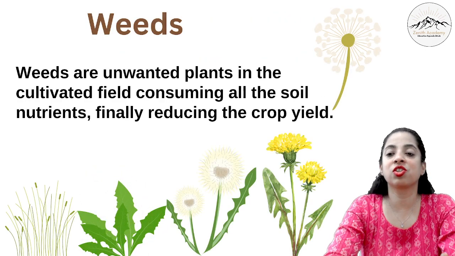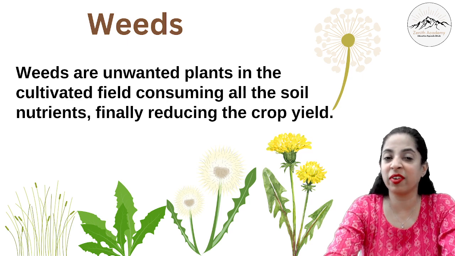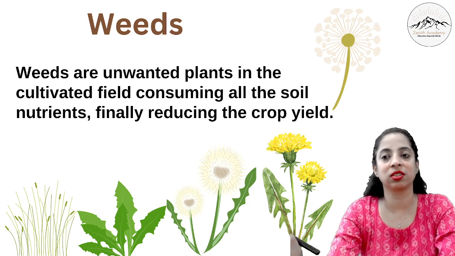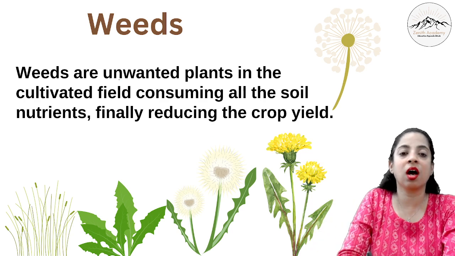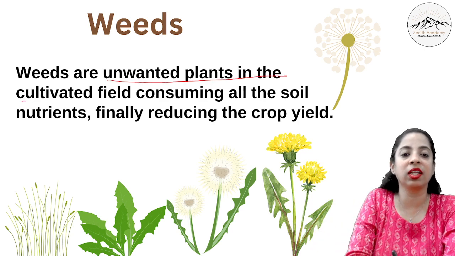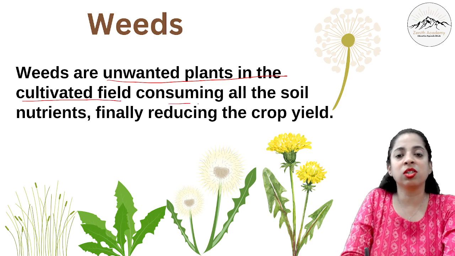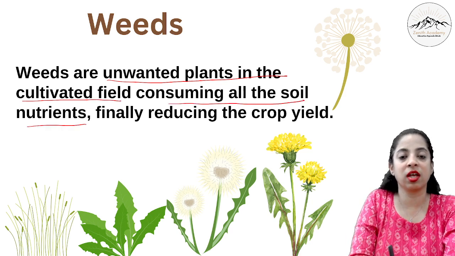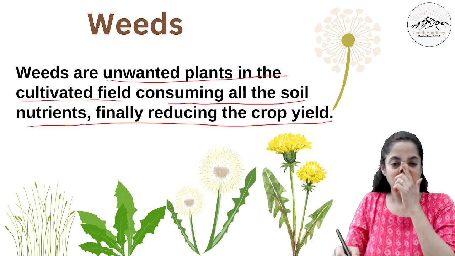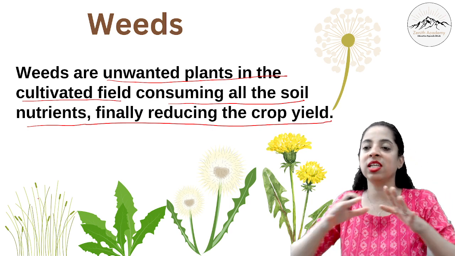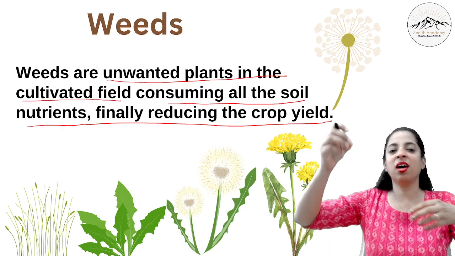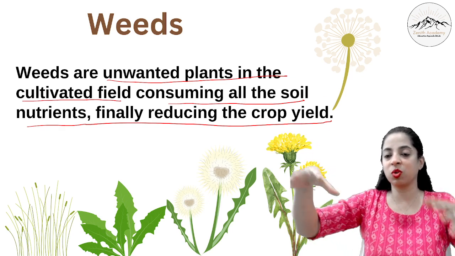Now let's talk about weeds. What are weeds? Weeds are the unwanted plants that keep on growing along with the main crops, right? So weeds are unwanted plants in the cultivated field, consuming all the soil nutrients and finally reducing the crop yield. So these are a few examples of weeds. If you see a main farm, there are many unnecessary or unwanted plants that keep on growing in between.